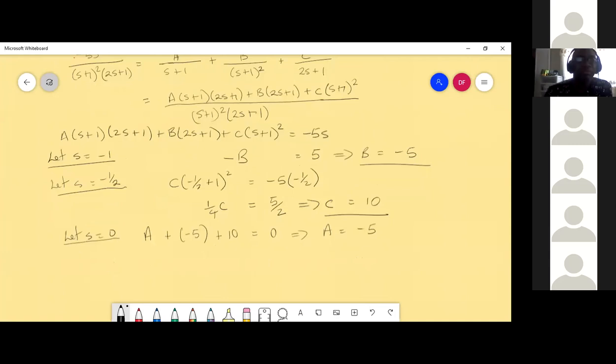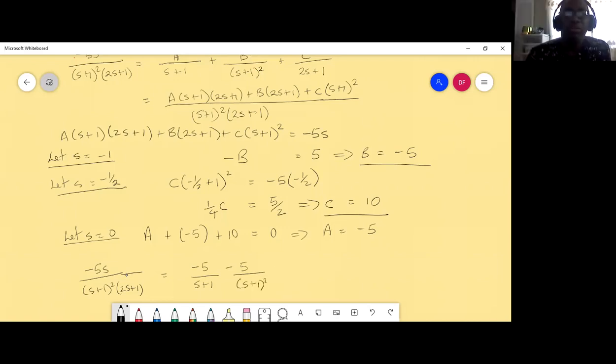So therefore, I have minus 5s over (s plus 1) squared (2s plus 1) is equal to A, which is minus 5 over s plus 1, plus B, which is also minus 5 over (s plus 1) squared, plus C, that's 10 over 2s plus 1, which I'm going to write as minus 5 over s plus 1 plus minus 5 over (s plus 1) squared.